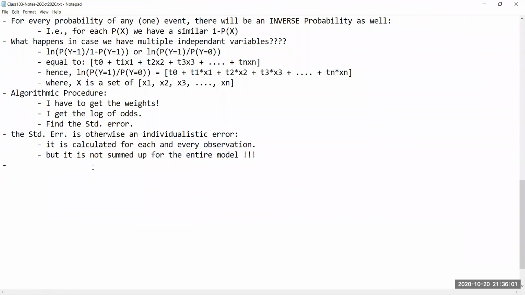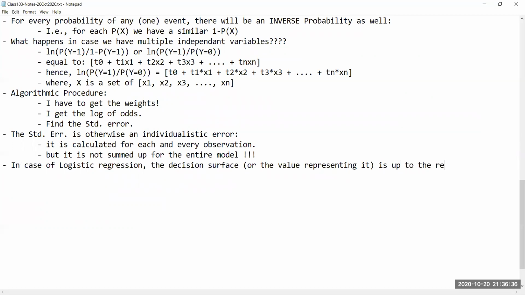The concept of decision boundary is a bit simpler when we use somewhat advanced models, models which represent my data in the form of a binary tree or a tree-like shape. Then the concept of a decision boundary is going to change a little bit, and maybe it's going to help us. But in case of logistic regression, the decision surface, or the value representing it, is up to the researcher or the statistician.